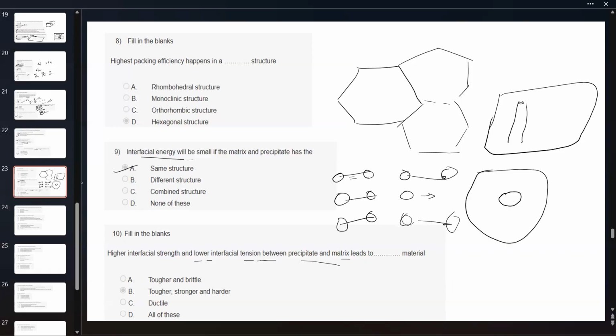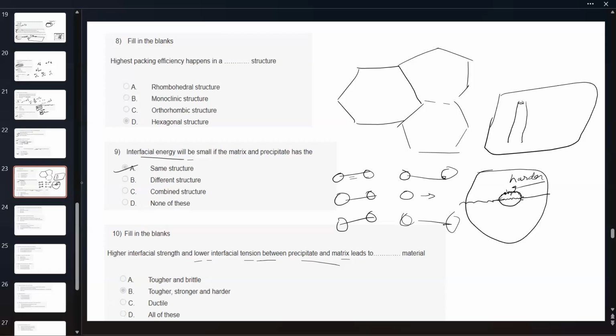If the bonding at the interface is strong, what will happen if you try to break it? The energy would be absorbed. If the crack needs to pass through, it will pass through the nanoparticle.